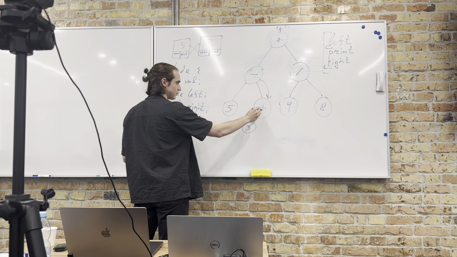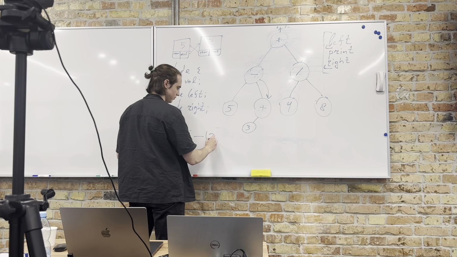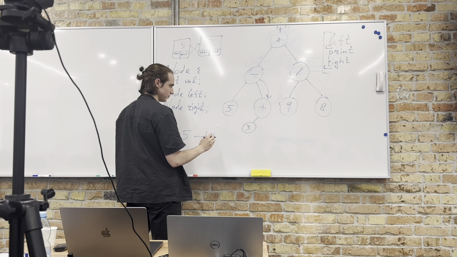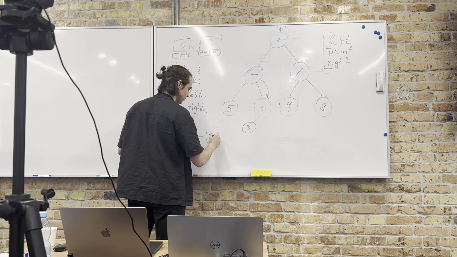At the right, we check if we have left. We have left, and left is 3. We print 3. 3 doesn't have left or right, so we go back and we print plus. We check right.